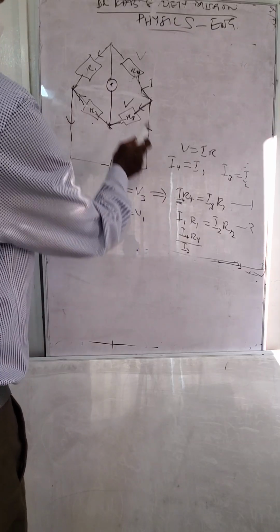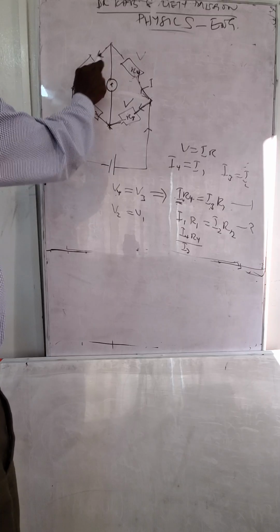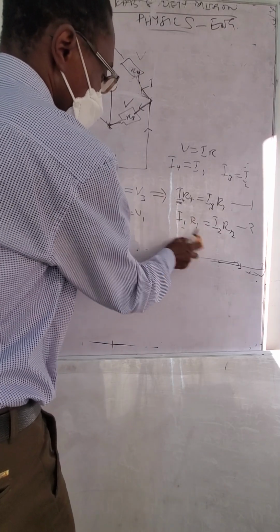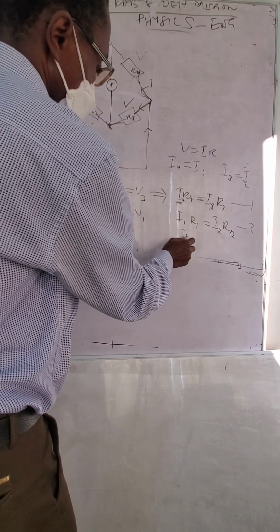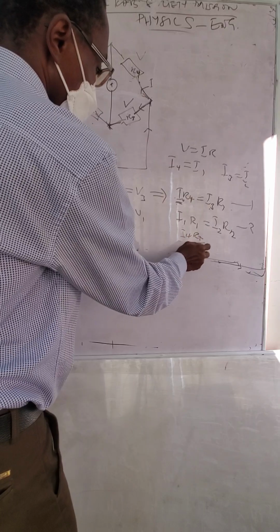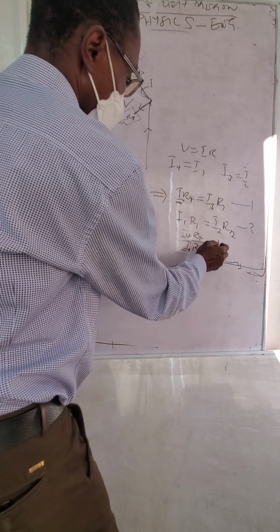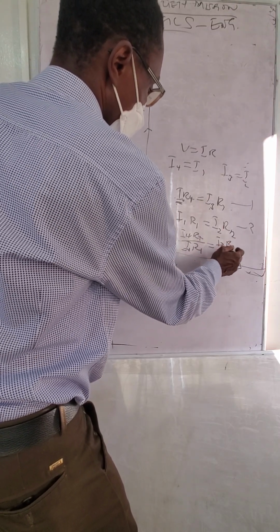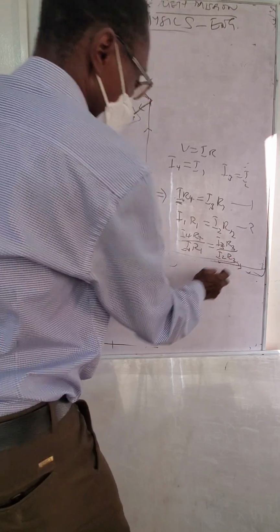If you divide equation 1 by 2, you're going to get I4 R4 over I1 R1 is equal to I3 R3 over I2 R2.